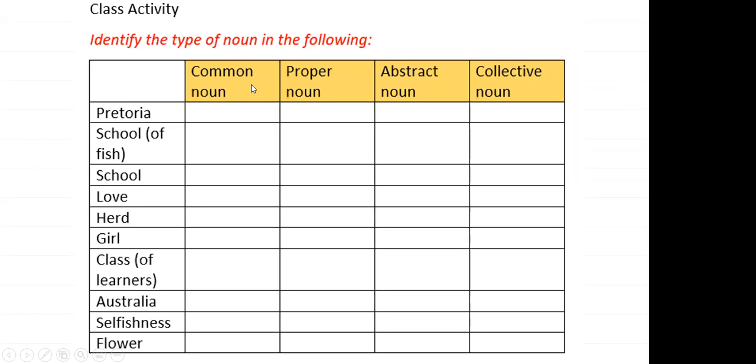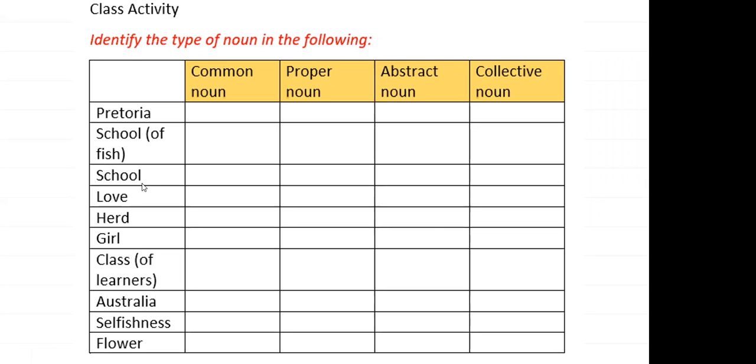Then I put columns for the common noun, proper noun, abstract noun, as well as collective nouns. So please raise your hand and tell us what type of noun is Pretoria. Since we are only left with 5 minutes, we will not have time to text. Therefore, please raise your hand in the chat and tell us the answers to these questions.